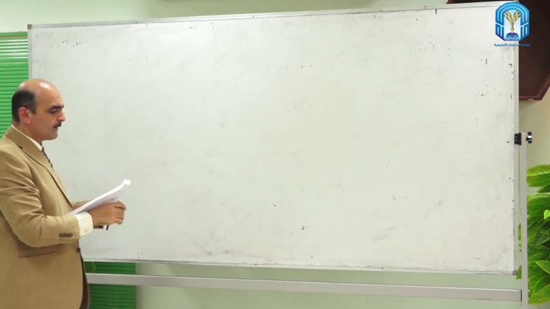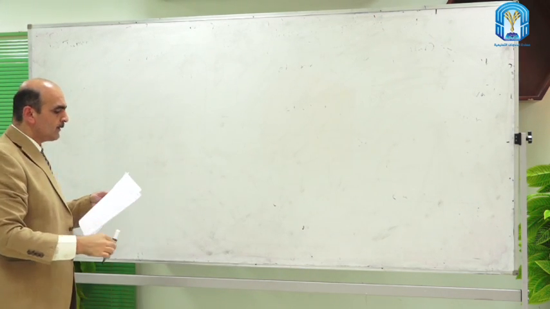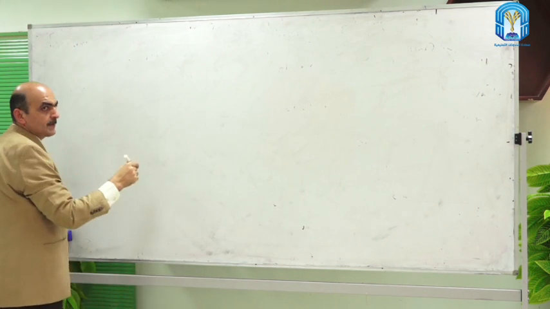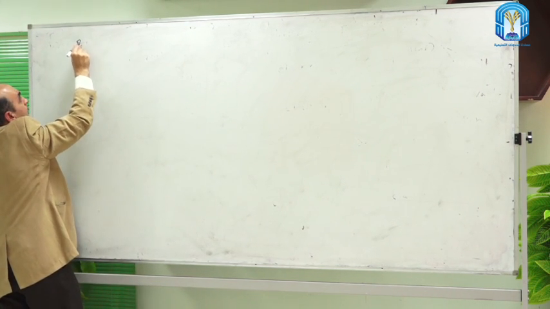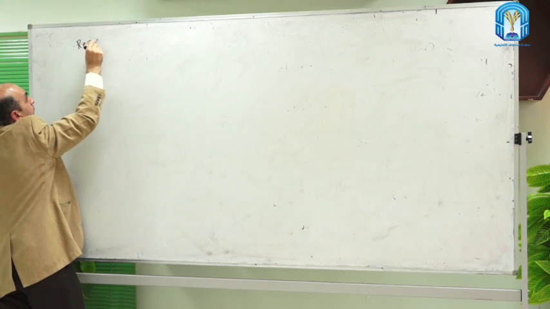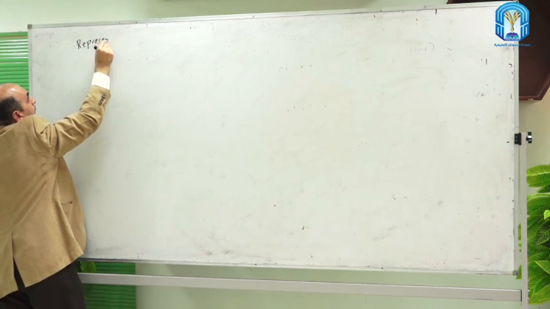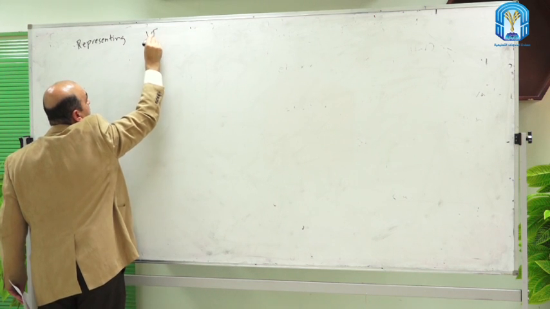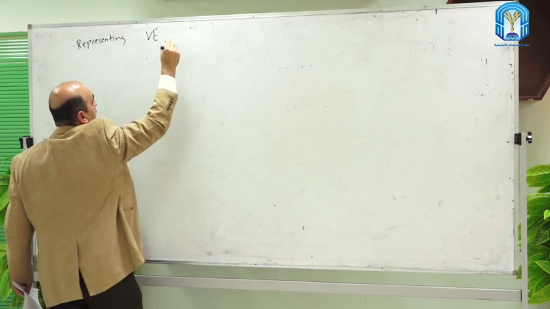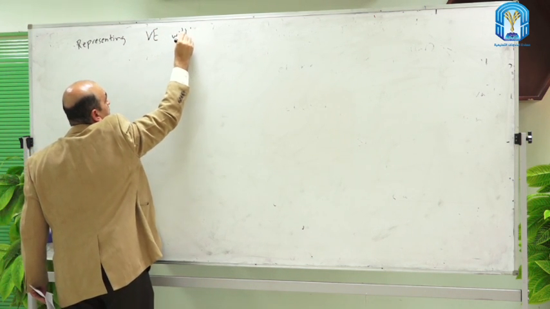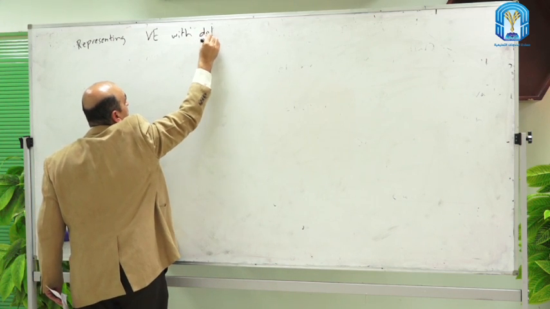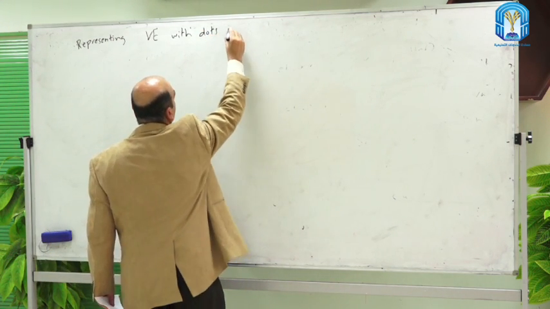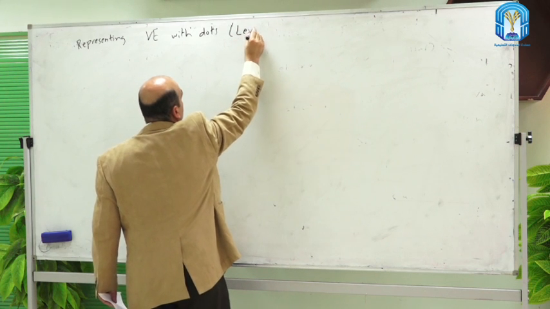Now I talk about representing valence electrons with dots, Lewis structure.